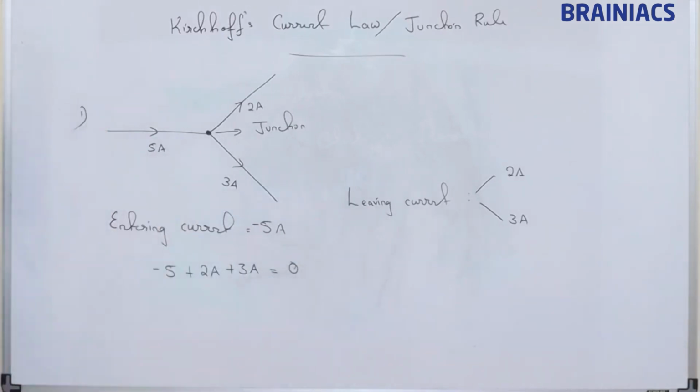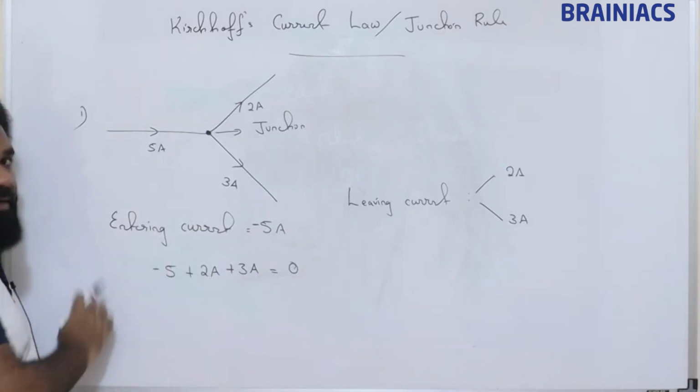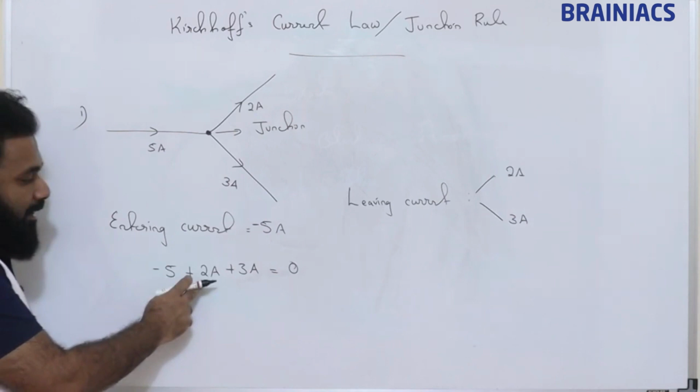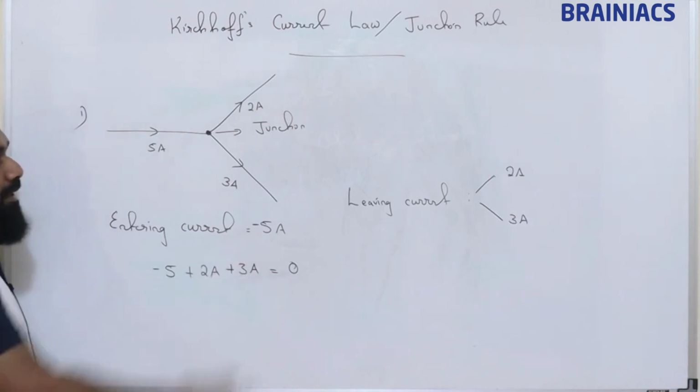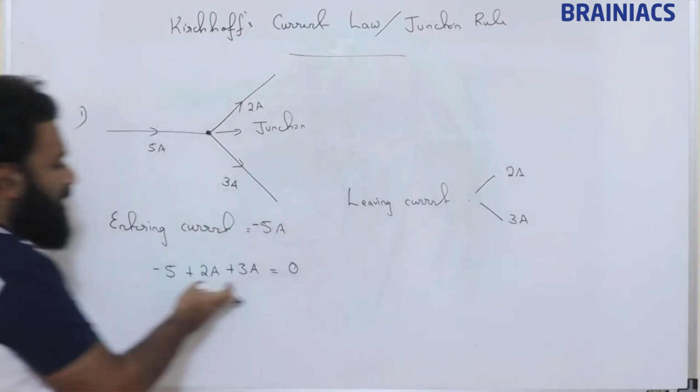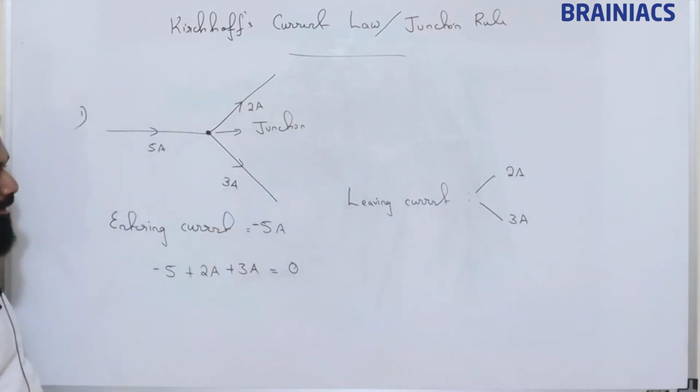It is true now. This is plus 5, this is minus 5. So for entering current we should put the proper sign, and for leaving current we should take the proper sign. If we take this as positive, these two if we take negative also, this will be correct.